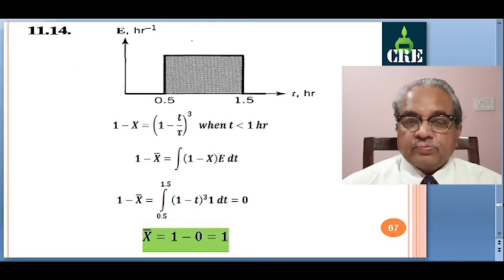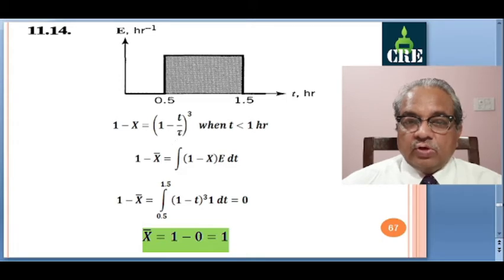11.14. Now E curve, this is given from 0.5 to 1.5. Okay, so this is 1. 1 minus x, same thing, 1 minus t by tau whole cube when t is less than 1 hour. 1 minus x bar is the integral of 1 minus x into E dt.